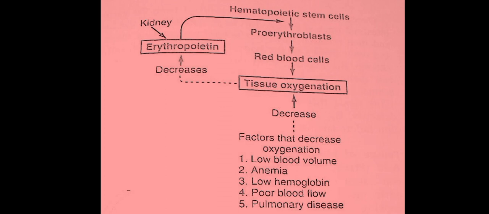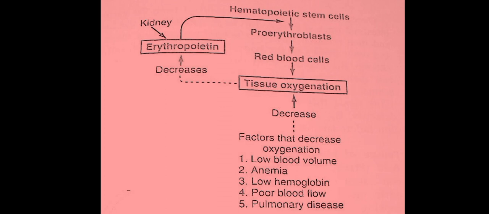The fourth is poor blood flow. We can assume that everything is normal, but some specific organs are getting less blood supply. That also results in less tissue oxygenation. The final one is pulmonary disease.